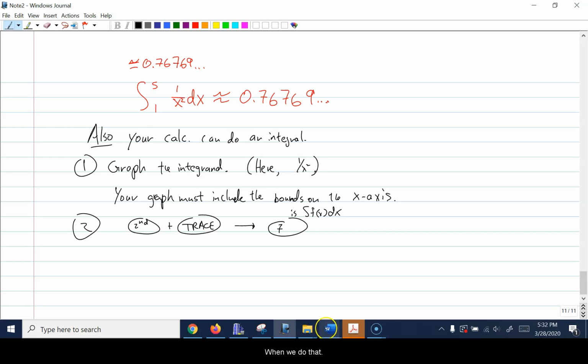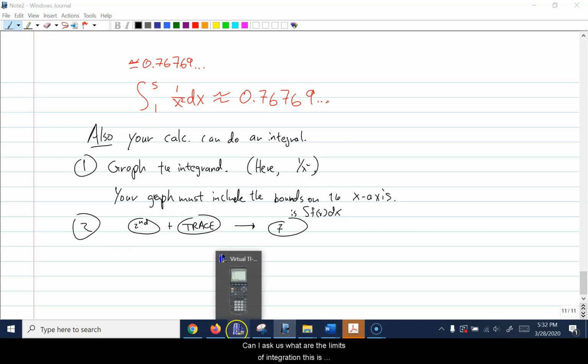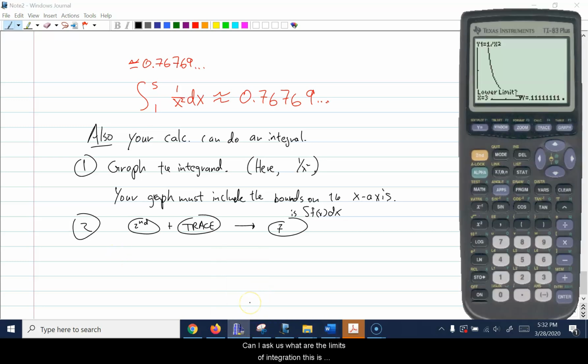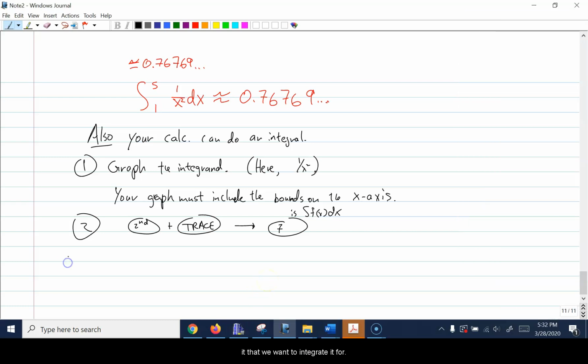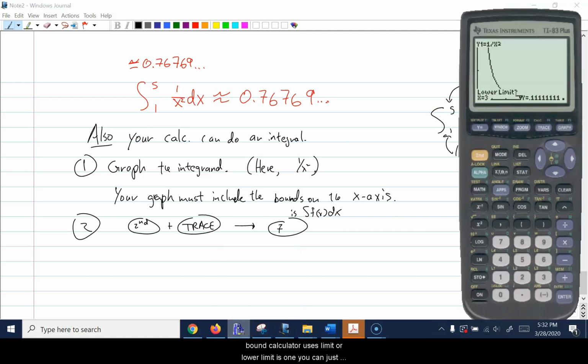When we do that, it's going to ask us what are the limits of integration. This is another word for the bounds of integration. We need to tell it that we want to integrate from 1 to 5. The lower limit is 1. The upper limit is 5. I'm more likely to call them the lower bound and upper bound. The calculator uses limit. So our lower limit is 1.